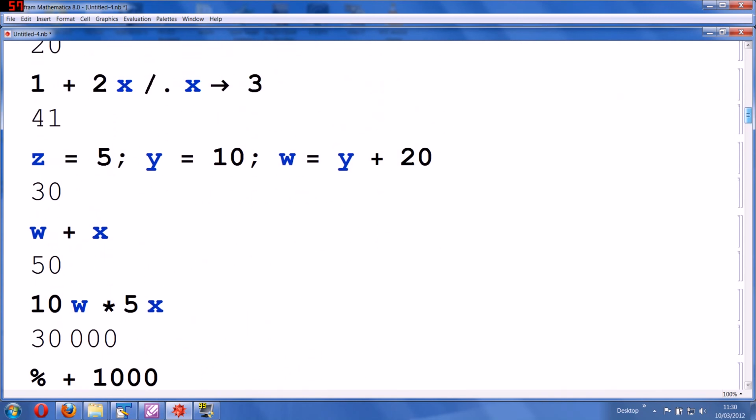Yeah, this was our notation: Z equals 5 semicolon, and then Y equals 10 semicolon, W equals, and so on. But that's the way to look at it anyway.